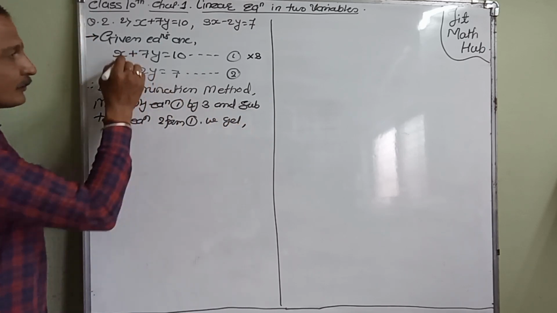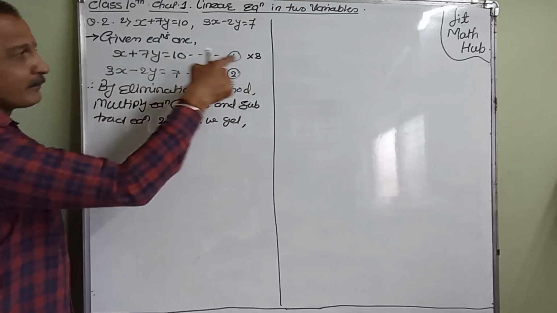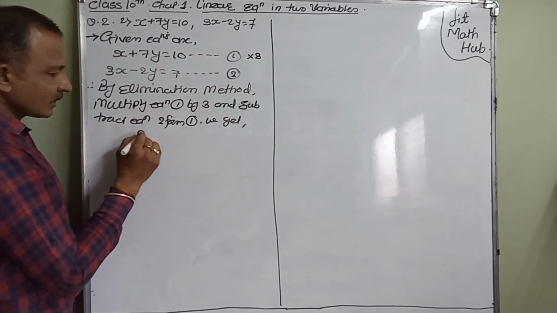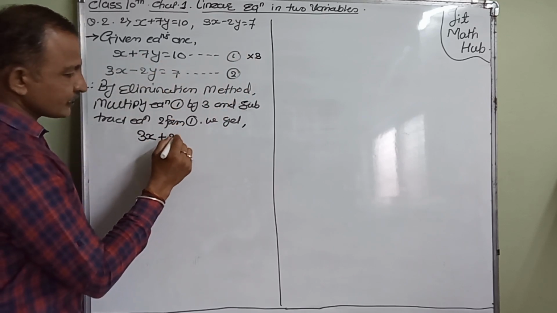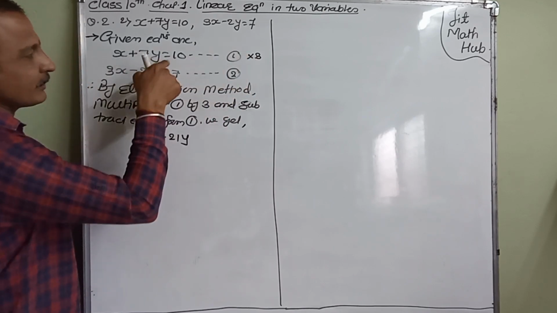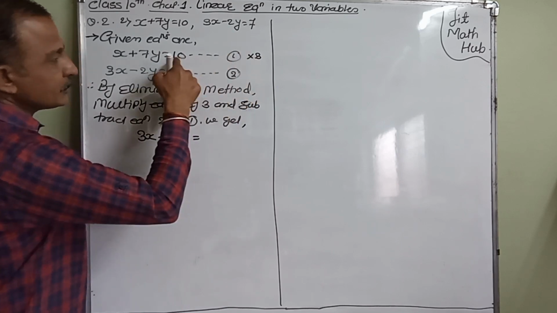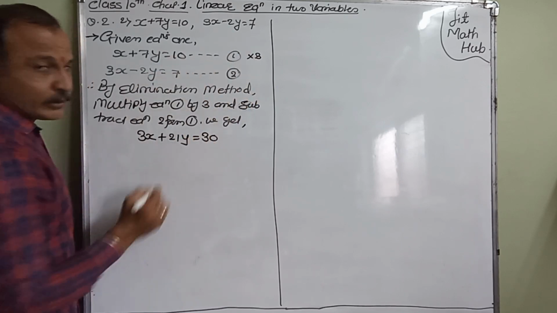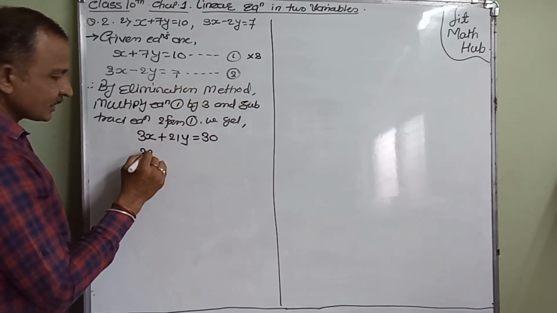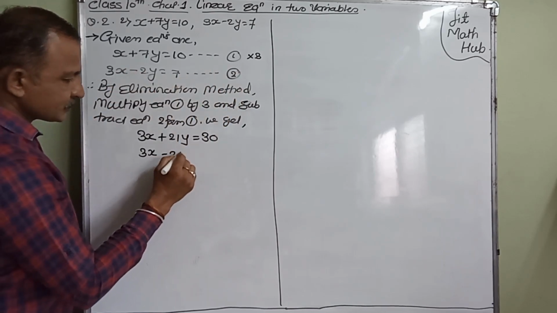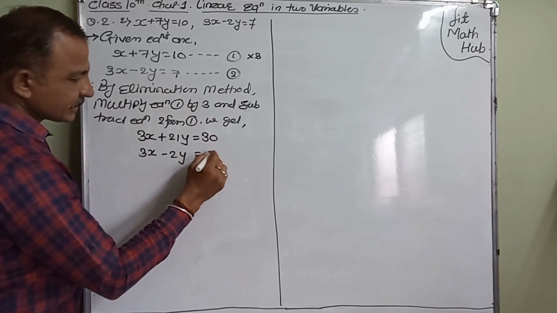Multiply by 3, so what happens? 3 into x is 3x, 3 into 7 is plus 21y, and 3 into 10 is 30. Now the second equation as it is: 3x - 2y = 7.